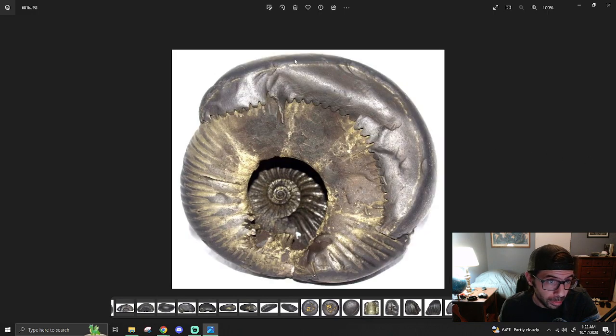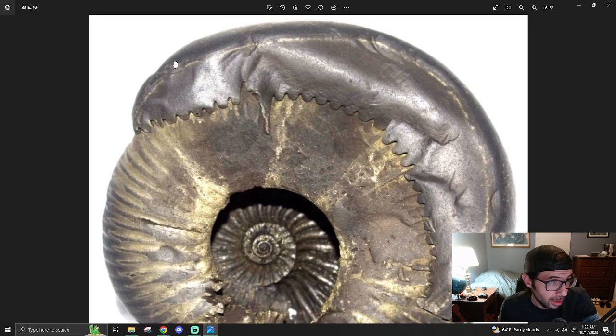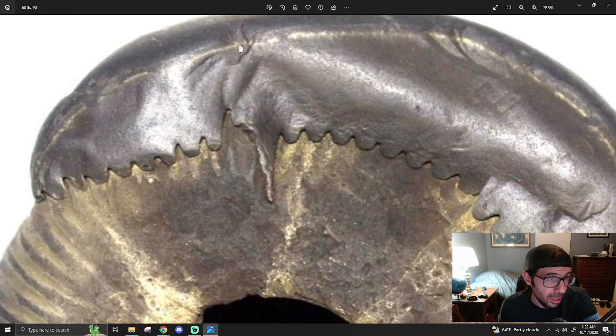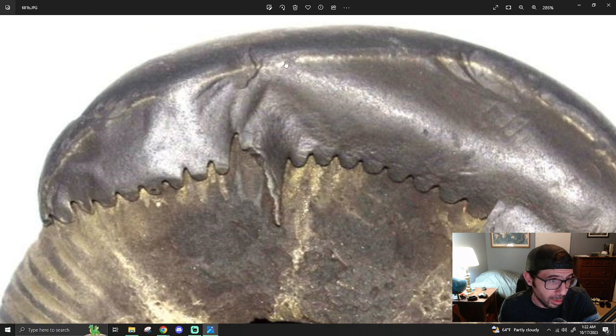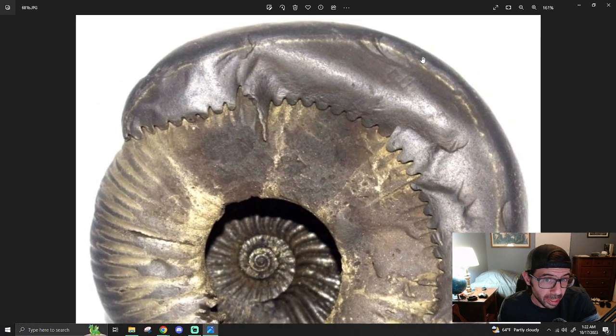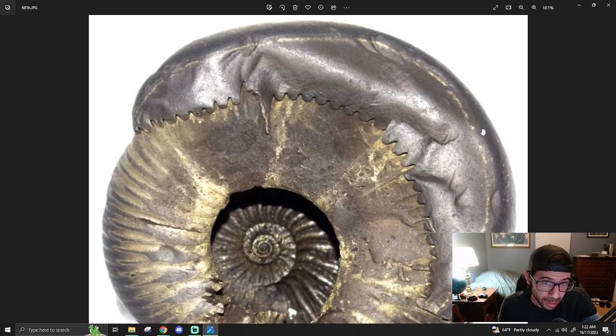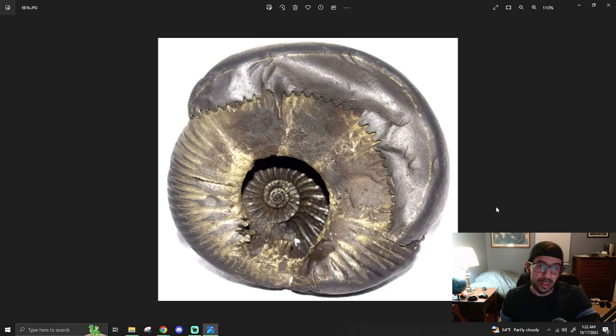It even looks like it has a secondary ring of not the golden color, like pyrite material, but some other subtle ring around it. We can see it over here too. Interesting features here.